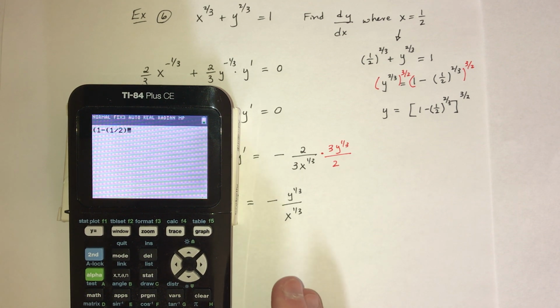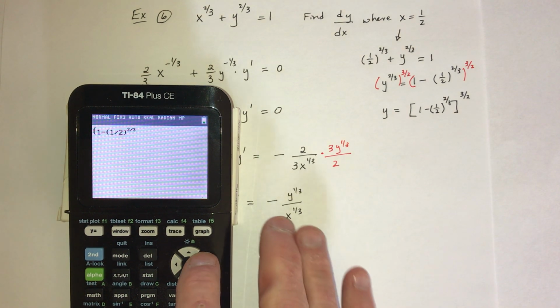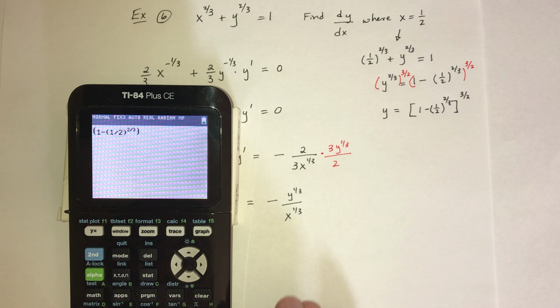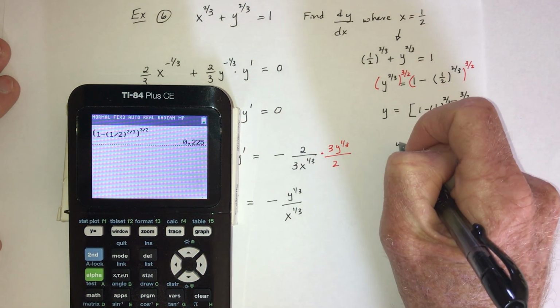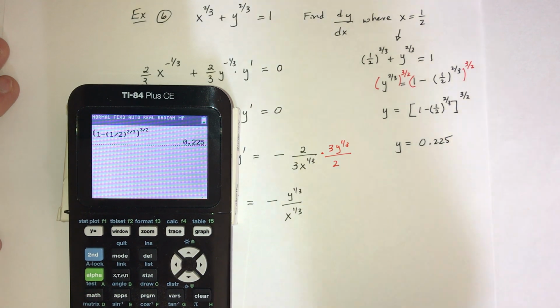There's the 1/2. Raise that to the 2/3. Then move over, put parentheses, and raise all of that to the 3/2. So it's going to be that y equals 0.225.